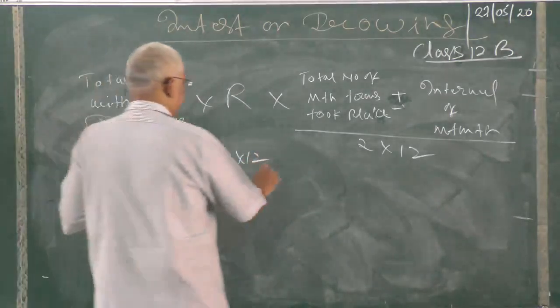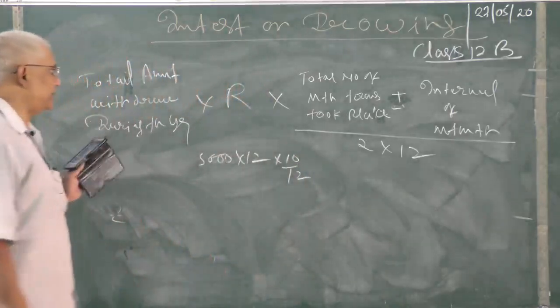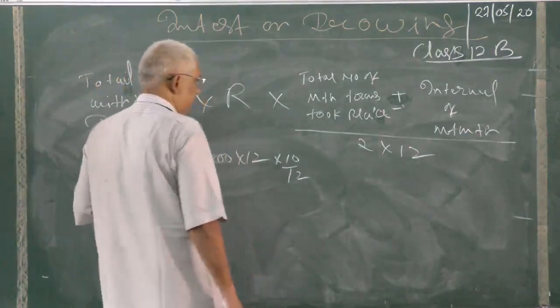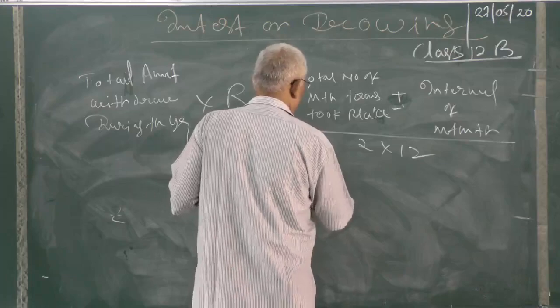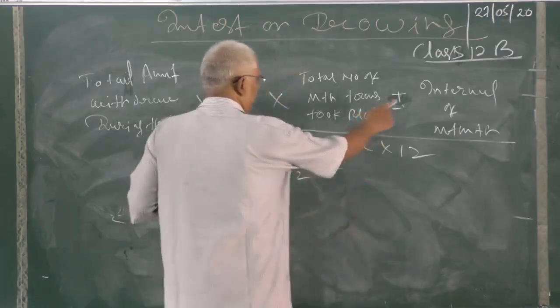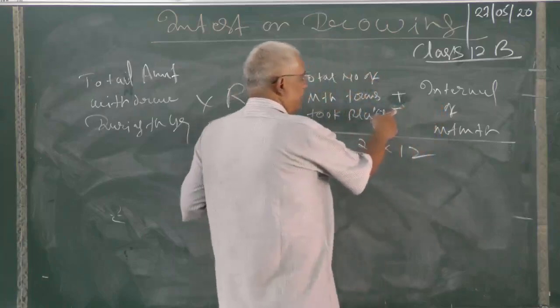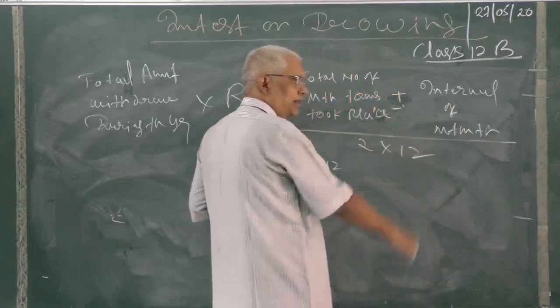What is the rate? Rate is 10%. How many months did transactions take place? From 1st January to 31st December, so into 12. Plus will be used for beginning of every month, minus will be used for end of month, and there will be no plus or minus for the middle of the month.